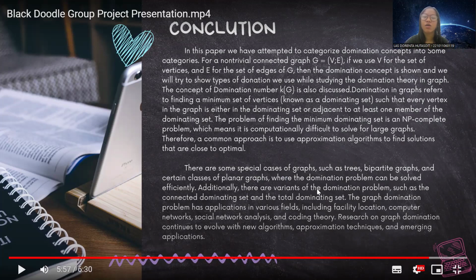Additionally, there are variants of the domination problem, such as the connected dominating set and the total dominating set. The graph domination problem has applications in various fields, including facility location, computer networks, social network analysis, and coding theory.